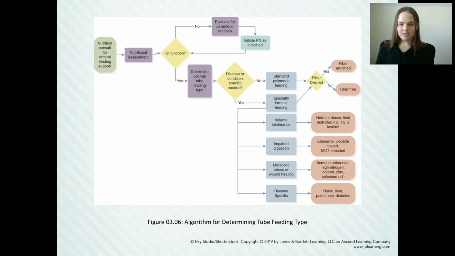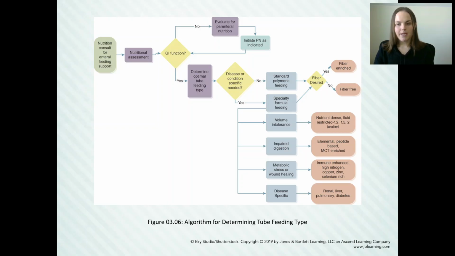So I mentioned disease-specific formulas, but there also are other types of formulas that are still similar to a standard formula. So there are more concentrated formulas. So a more concentrated formula would be like a 1.5 or a 2 calorie per ml formula. So those might be indicated in patients that need a fluid restriction, or if they have tolerance issues.